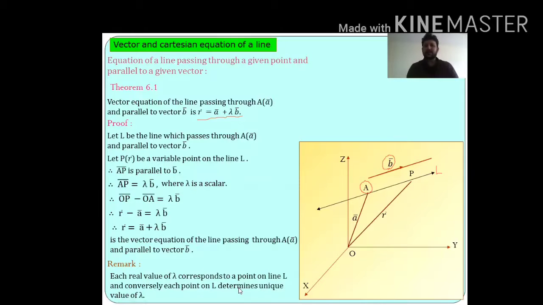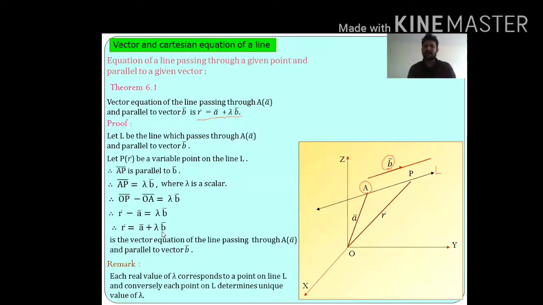So simply, if line L passes through a point A with position vector A bar and is parallel to vector B bar, then its equation is given by R bar is equal to A bar plus lambda times B bar. Let us continue with numericals.